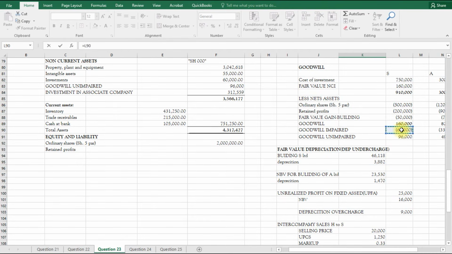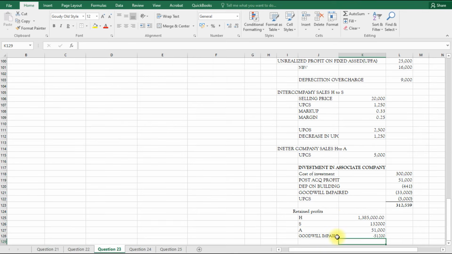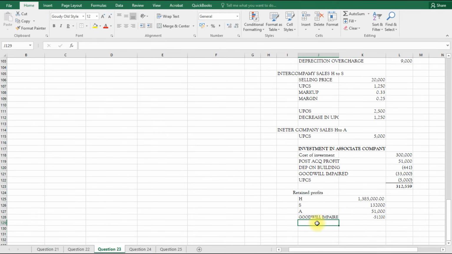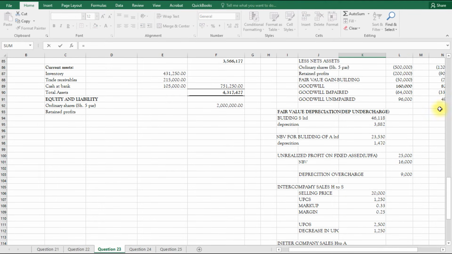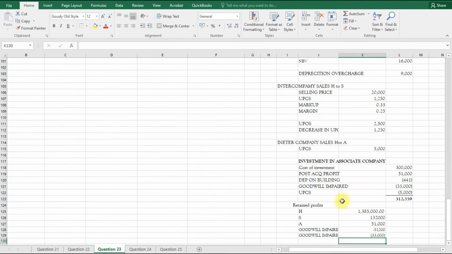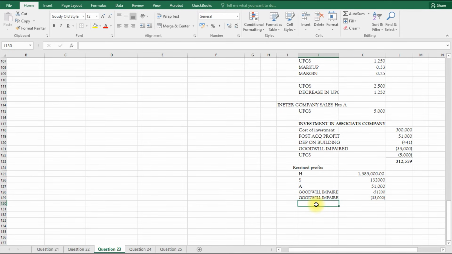Goodwill impaired was 64 multiplied by 80%, and the other one still goodwill impaired. The first one is for S, the second one is for A. So for A we take the whole amount of goodwill impaired because already it was our percentage.